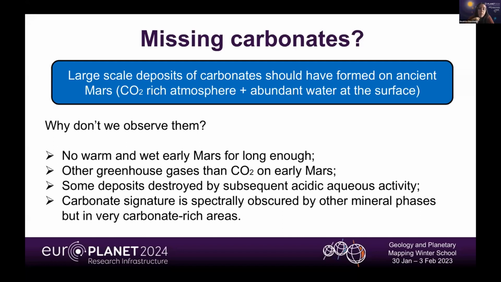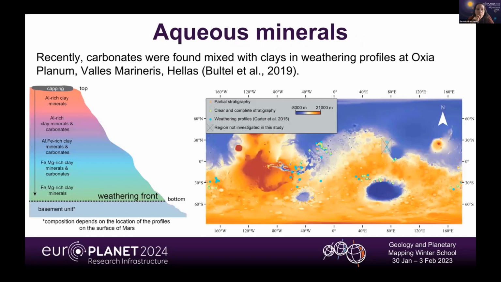It is also possible that some carbonate deposits are not observed because they were destroyed by subsequent acidic aqueous activity, because carbonates are not resistant to acidic waters. Or it might be hard to distinguish a carbonate signature in the spectra when it's mixed with other mineral phases. So we only observe carbonates in very carbonate-rich areas, but we might have carbonates in other areas that are difficult to detect.